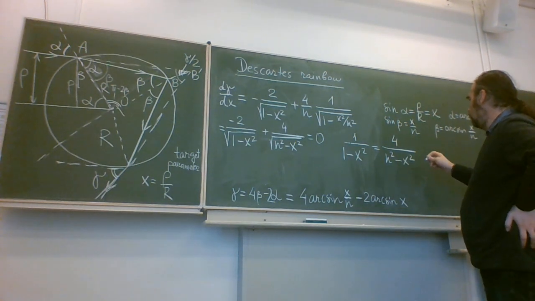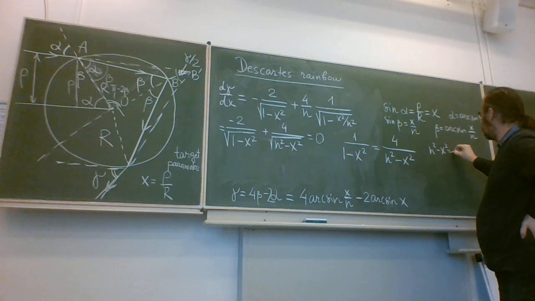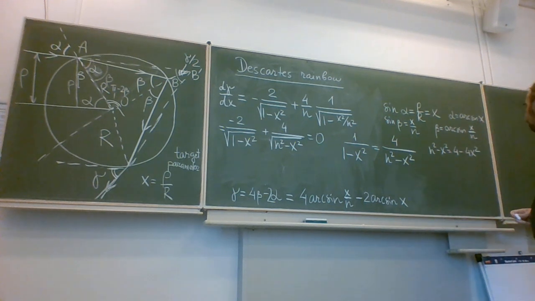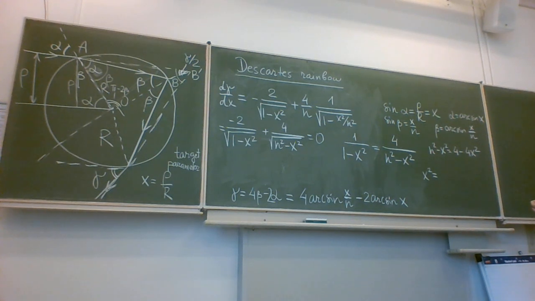And this gives me n squared minus x squared equals 4 minus 4 x squared, which is x squared. Let's see, here I get 3, so it's 4 minus n squared divided by 3.